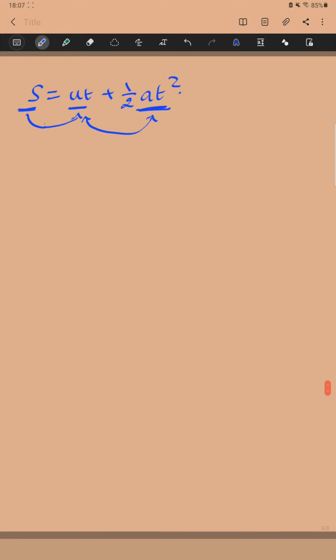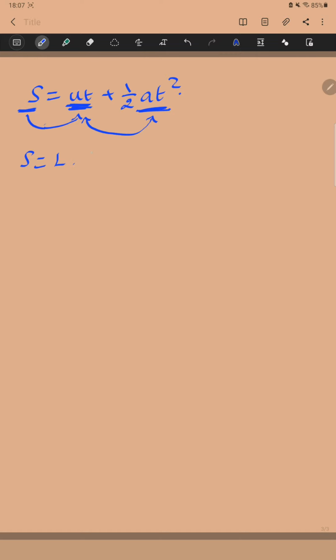Okay, what is the dimension for s? S is nothing but displacement, so it is L. So if we can prove that this term ut has the same dimension, otherwise the dimension of ut is L, and also half at square is L, then bravo.